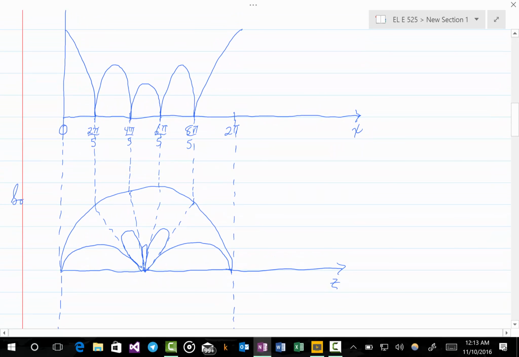So now, as usual, to get the polar plot, what we'll do is we'll extend this line from 0, and then from there we go over alpha to find the center of the pattern. Remember, alpha is equal to pi, so we go over here, and this gives us the center.